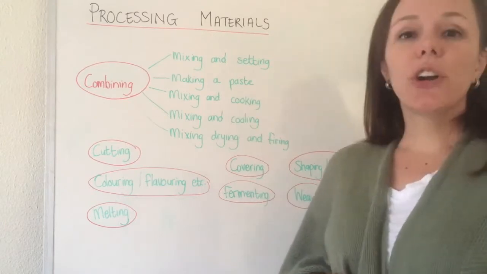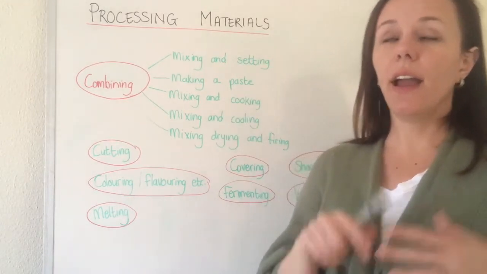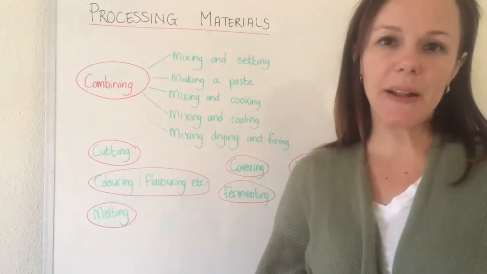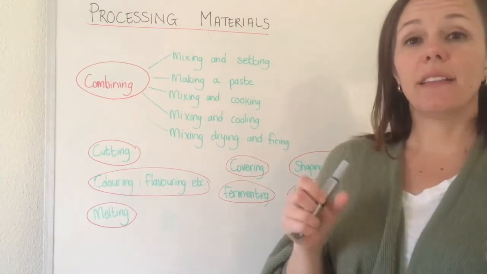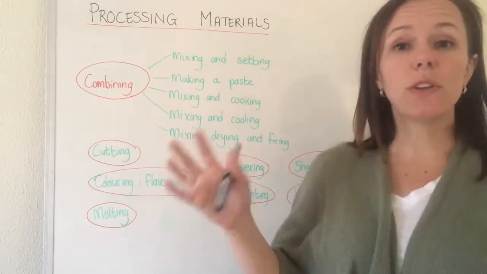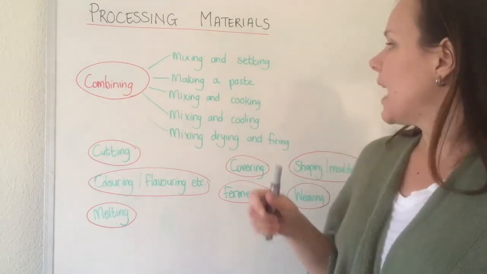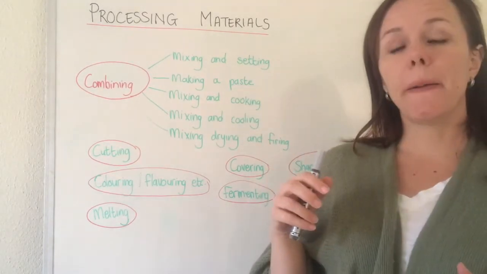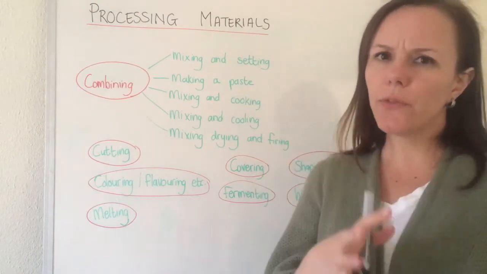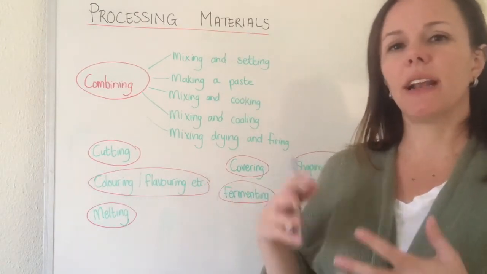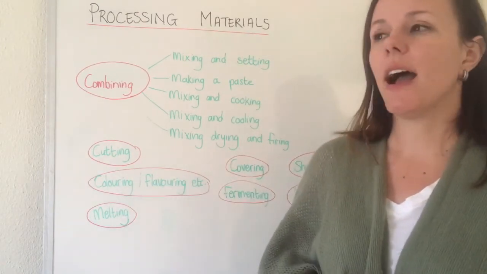Mixing and cooking, that's basically anything you can do in the kitchen. You can think of cooking in different ways, like frying or baking, and then also not just food but also baking something like a cake in the oven.